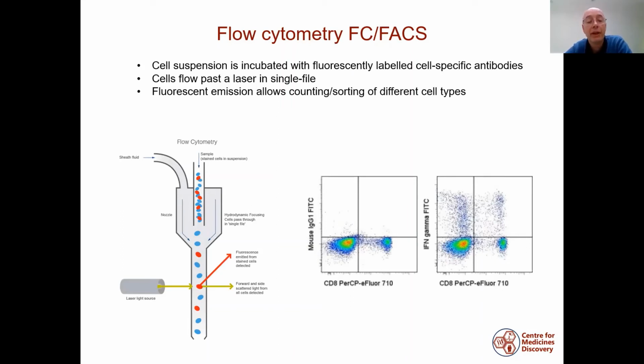Your cells are then going to pass across a laser in single file. The laser is going to illuminate those fluorescent antibodies, and there's some kind of sorting mechanism which allows you to identify different populations of cells based on the labeling of specific antibodies.